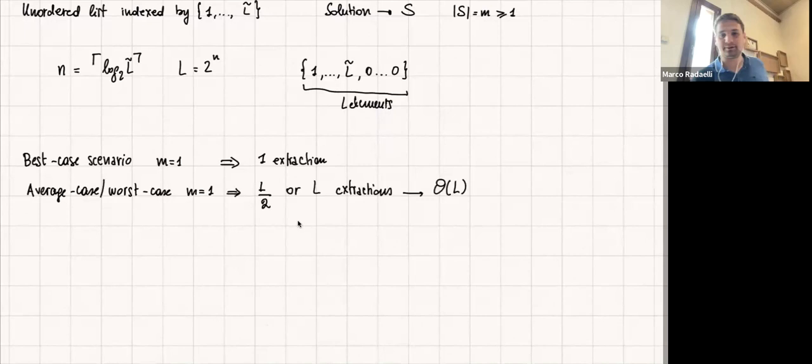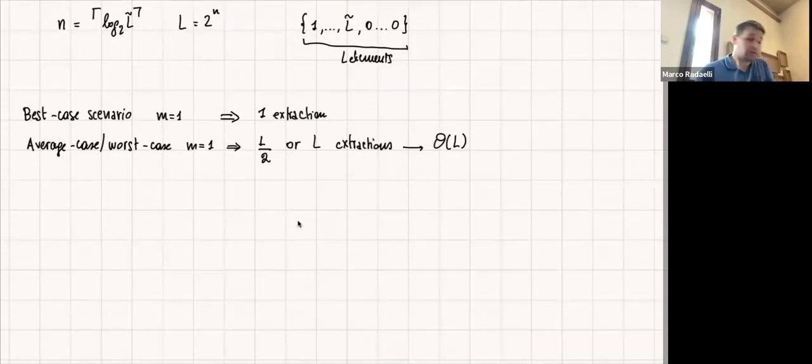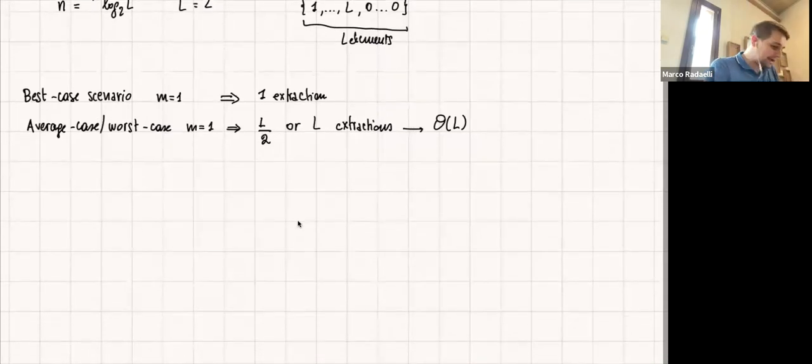So big O of L. I hope you are familiar with the big O and little o notation. So this basically means that the number of times we need to extract a value in order to check scales linearly with the number of items in the set. Nice.